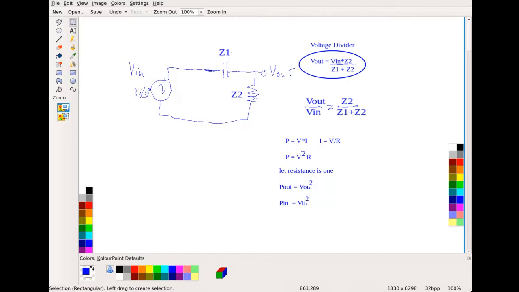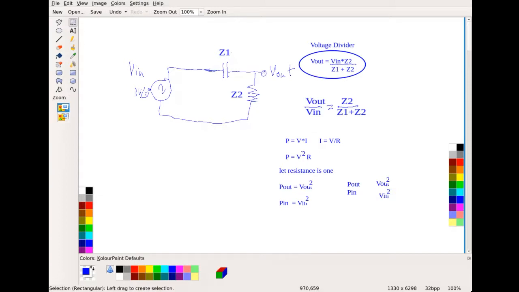If we look at this equation over here, the ratio of the power out over the power in is equal to Vout squared over Vin squared.